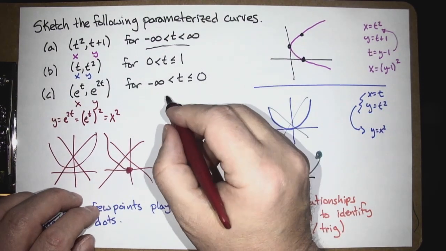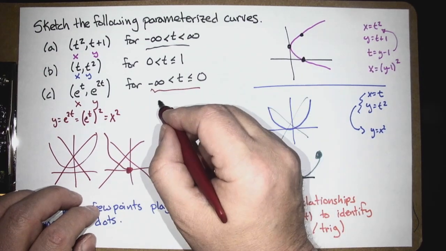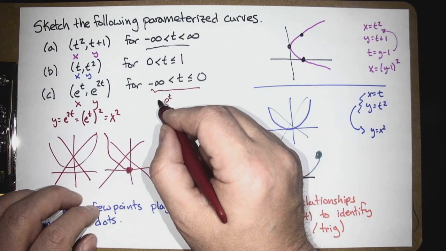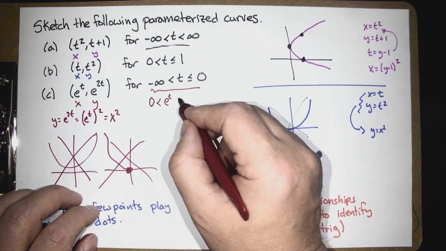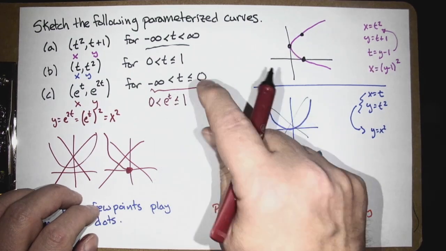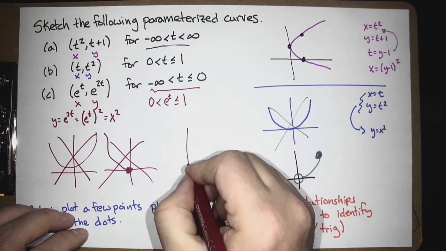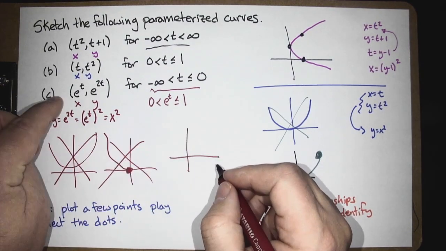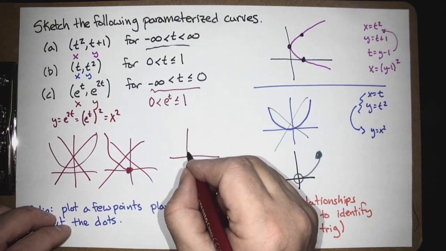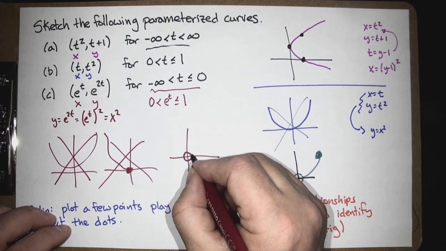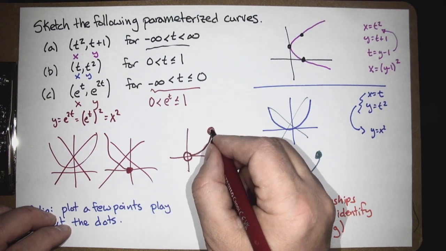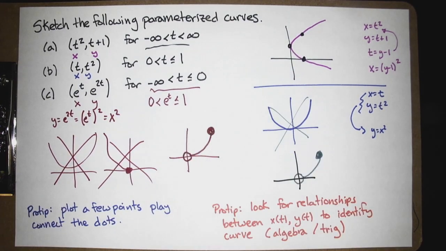So this tells us that e to the t is going to go from 0, but never quite reach it, up to 1. So we take our bounds for t and phrase them in terms of our bounds for x. Since x is our e to the t, it is the portion of x squared that doesn't include 0, but does include 1.